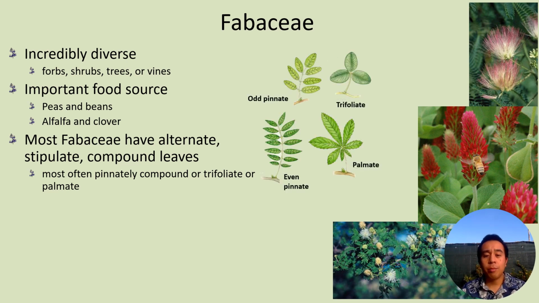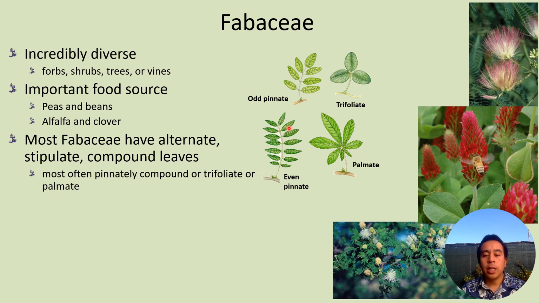Here's a diagram in case you don't remember your leaf forms from one of the beginning lectures. In the top left we have odd pinnate, which means there are an odd number of leaflets and it ends on the top, typically. Below that we have even pinnate, and here you can see there's an even number of leaflets on this leaf.